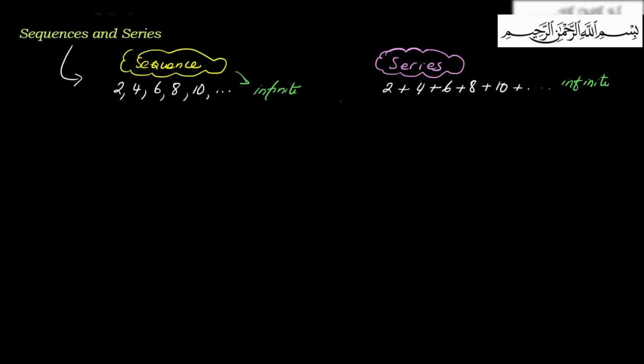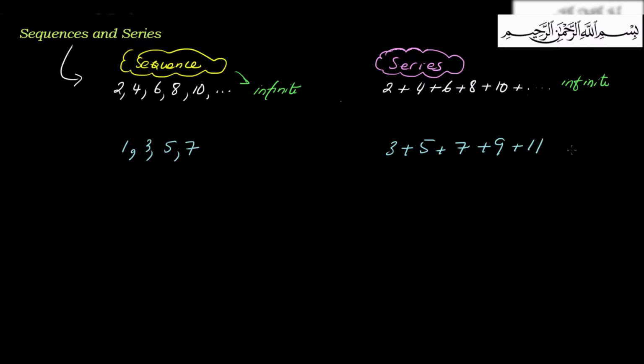So sequences and series, however, can be finite. In other words, they can have a limited number of terms. Here's an example. I have 1, 3, 5, and 7, and that's the end of that. And in this series over here, I'm going to have 3 plus 5 plus 7 plus 9 plus 11, and that's the end of that series.